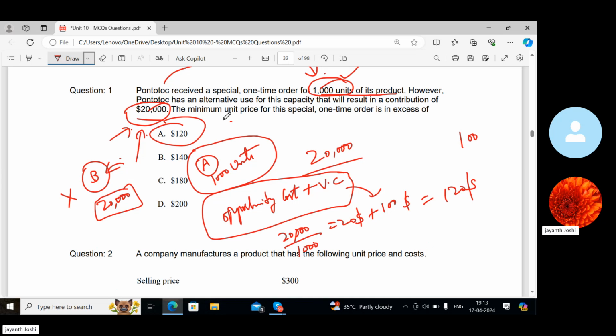Please make a note of this. So the unit price we are quoting should cover the opportunity cost and variable cost. Opportunity cost plus variable cost is the minimum unit price.